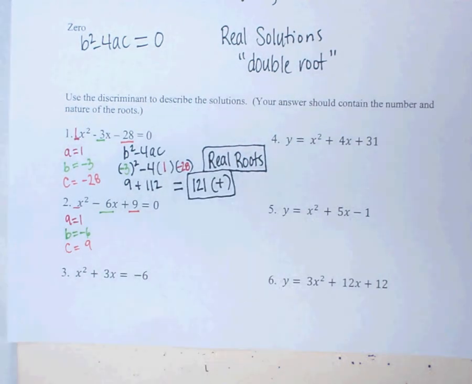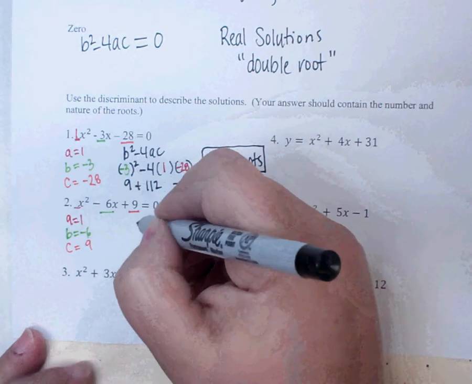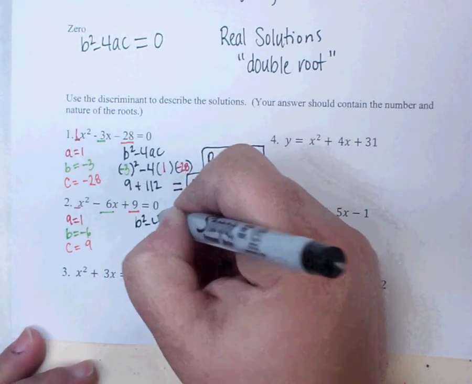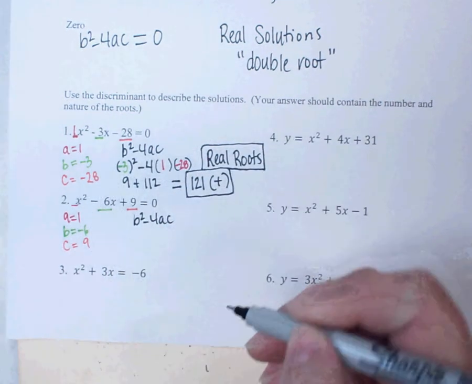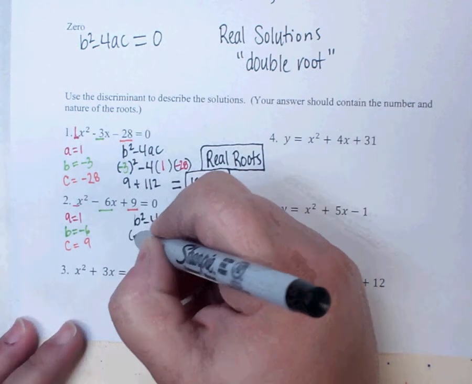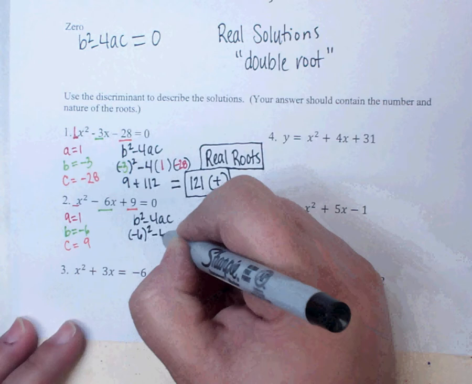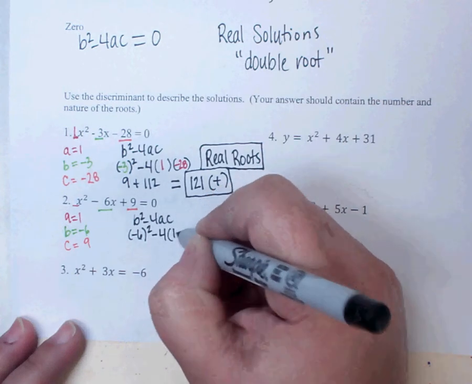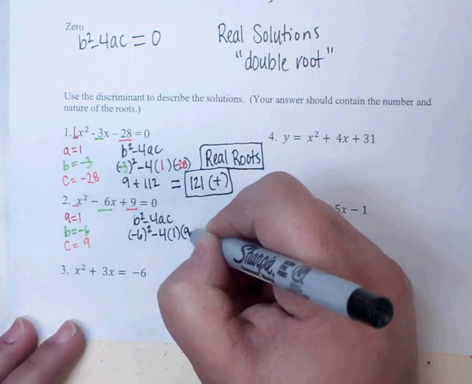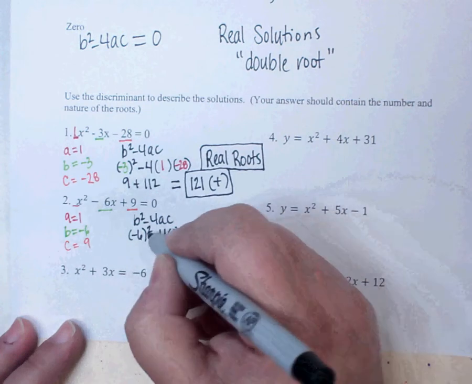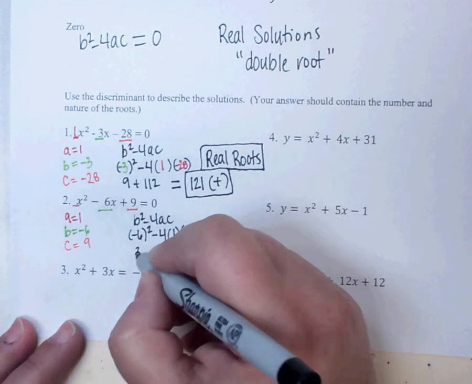Again, we're going to start off with our formula, b squared minus 4ac, and go ahead and plug it in. My b is -6, so I'm going to take -6 and I'm going to square it. Then I have minus 4 times a, which is 1, times c, which is 9. -6 squared is a positive 36.